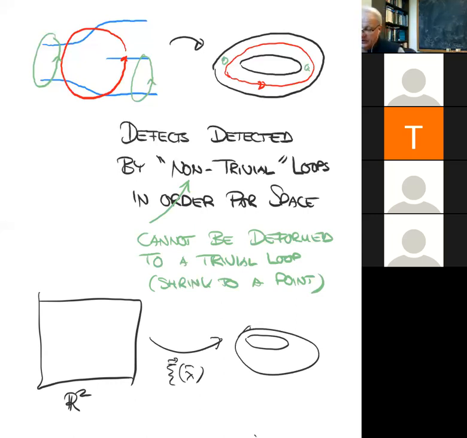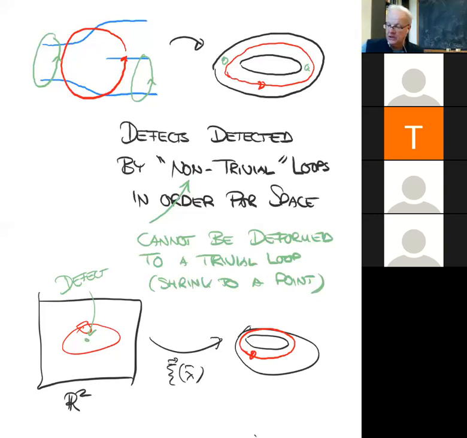And so the thing we discovered is that dislocations or defects in this crystal are detected by loops that go around them. So there's a loop and it goes around this defect. Okay. And it's a defect provided the loop is somehow non-trivial. So the loop travels around the torus, either along this direction or along the other direction.